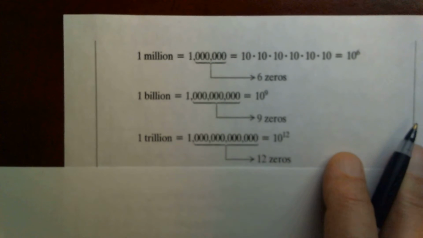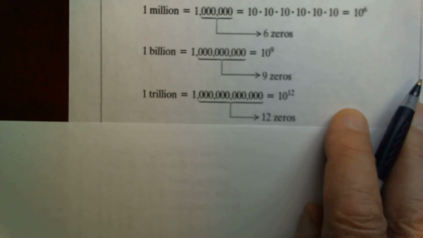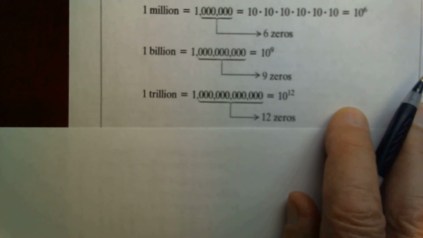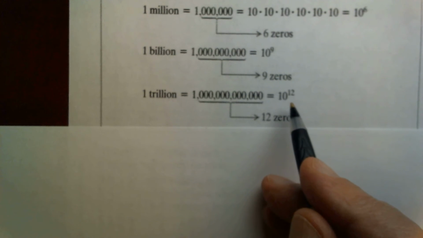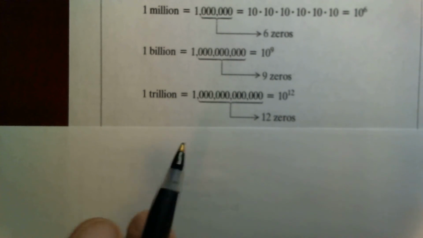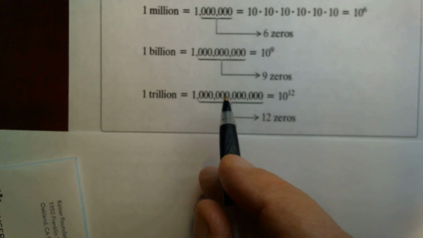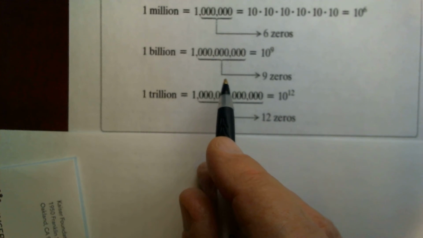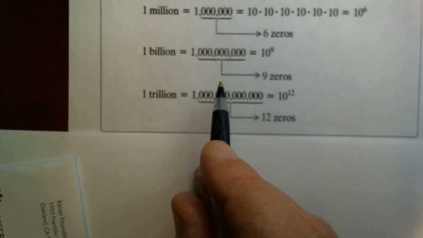And trillion, of course, has shown up in the news lately when people talk about $1 trillion budgets or deficits or whatever. So the numbers are phenomenal. 1 followed by 12 zeros. That's pretty amazing. To give you an idea how big a billion is, 1 billion seconds is about 31.7 years, or about 32 years.